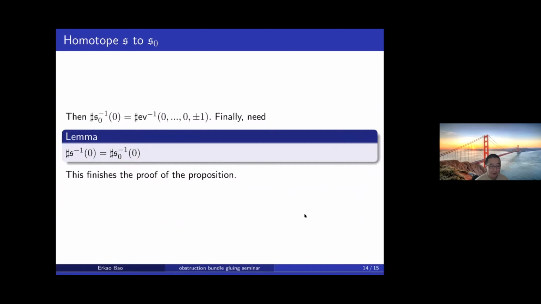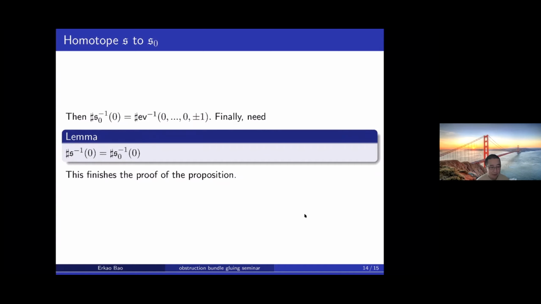If we show this, then this will finish the proof of the proposition, because now the zeros of the obstruction section, which are the curves that will glue to V minus, are exactly the same as the pre-image of the North Pole and the South Pole, and that will finish the proof of the proposition, and the proposition gives a chain homotopy.